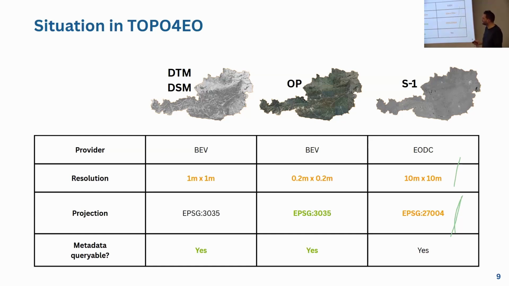The first thing is we want to use the DTM and DSM together, and using the orthophoto in 3D strips is a little bit awkward, so we decided, okay, let's bring that also into the layer projection. That's a reasonable assumption, especially if we think not about Austria, but Europe. If we provide the outputs also in the layer projection, it's also conform to other countries, so that is a reasonable assumption and a very good point.